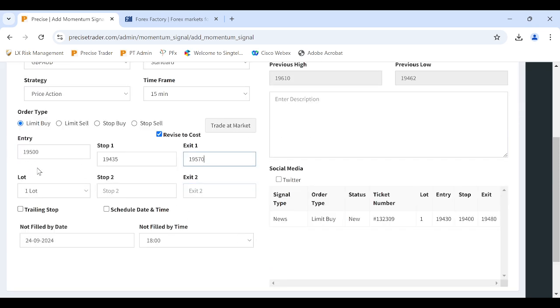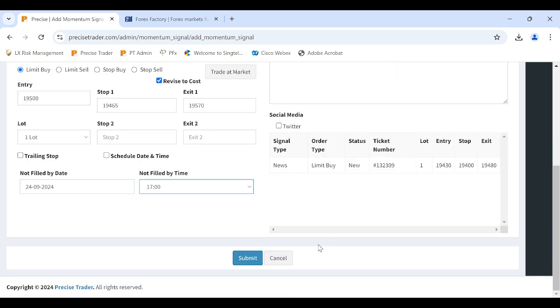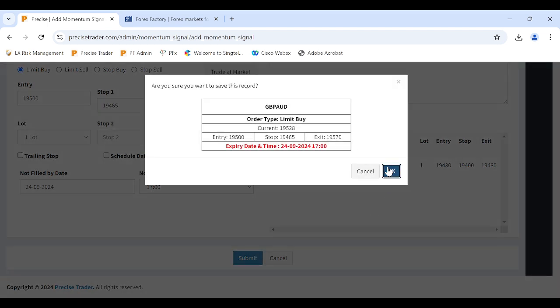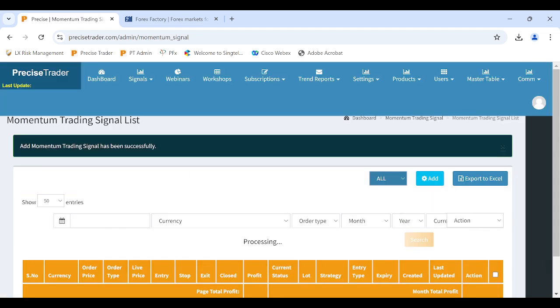Sorry, the stop is 65, then TP at 95.70, and the expiry we put until 5 o'clock. So this is also a trade we want to get into.